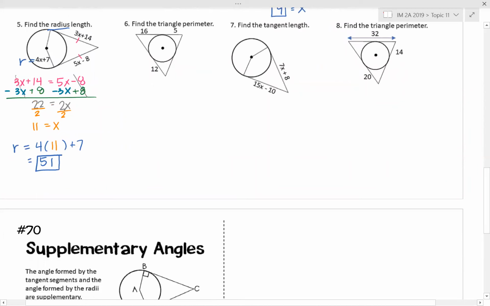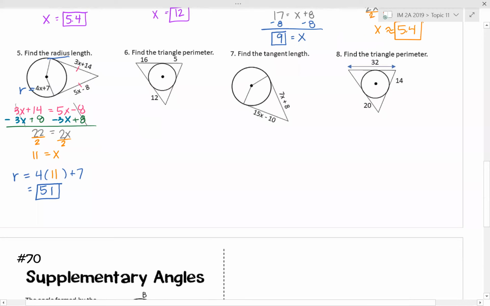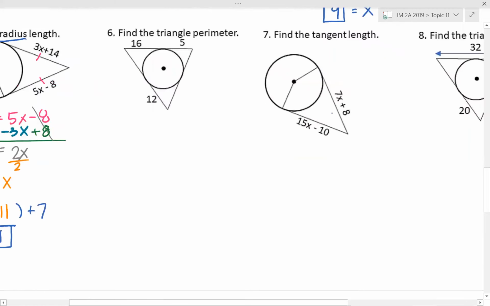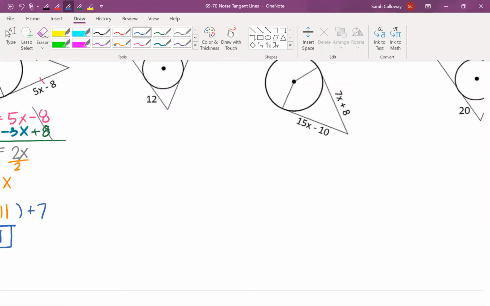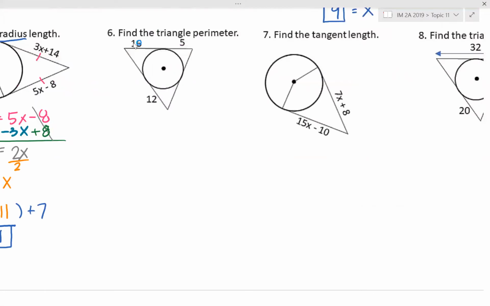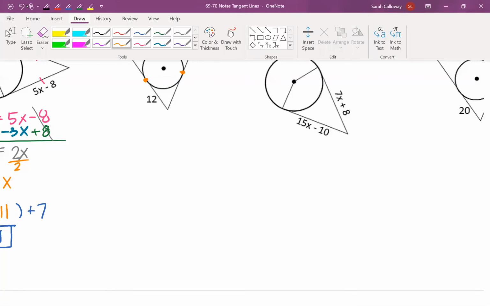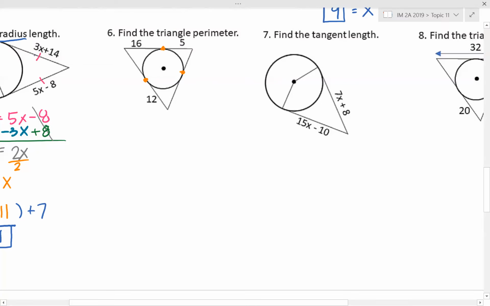Okay, so number 6 is actually an ice cream cone problem, even though it looks different than number 5 and number 7 look. And so the way that I know that this is an ice cream cone problem is that I can see that there are points of tangency here. So I can see that each of these lines that create this triangle are tangent to the circle. So remember that these were congruent because they came from that same outside point.